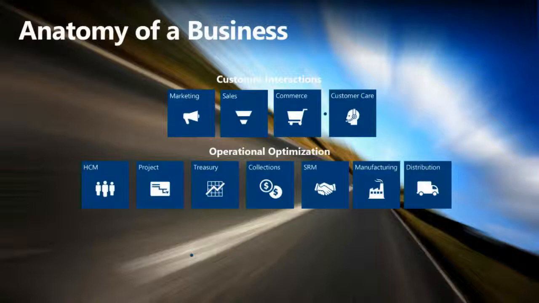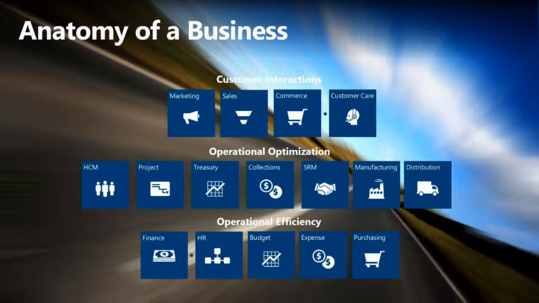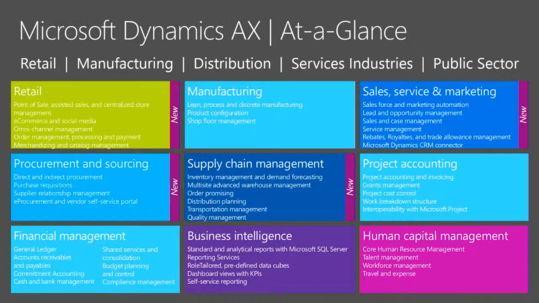How are you able to optimize the business processes they're using, optimize their operations, and deliver value to them quickly? And then operational efficiency. Not only can we optimize it, we need to make it efficient. So it means constantly refining what's going on and giving customers the ability to easily go back and do that. And together, putting it all together.